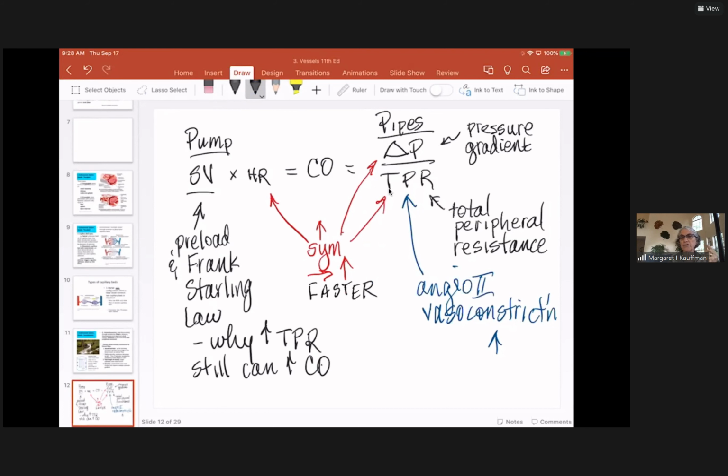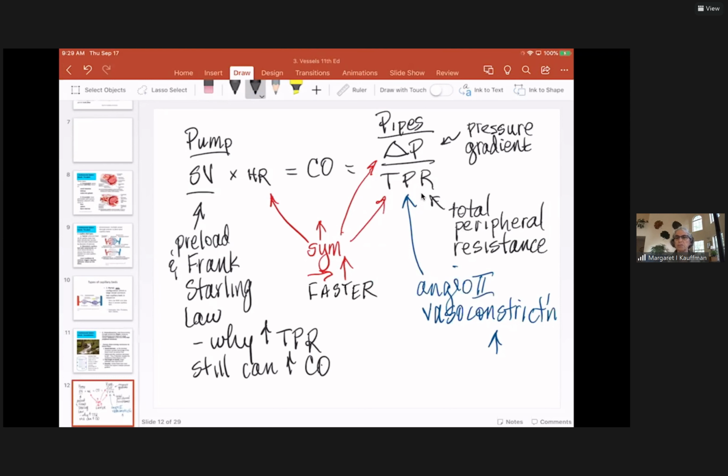So the book uses this expression, total peripheral resistance. So that is how much resistance to flow through all of the vessels of your body, sort of on an average. So I'm going to stop there for a second because we talked about this formula, but we didn't really put it up here on the board.